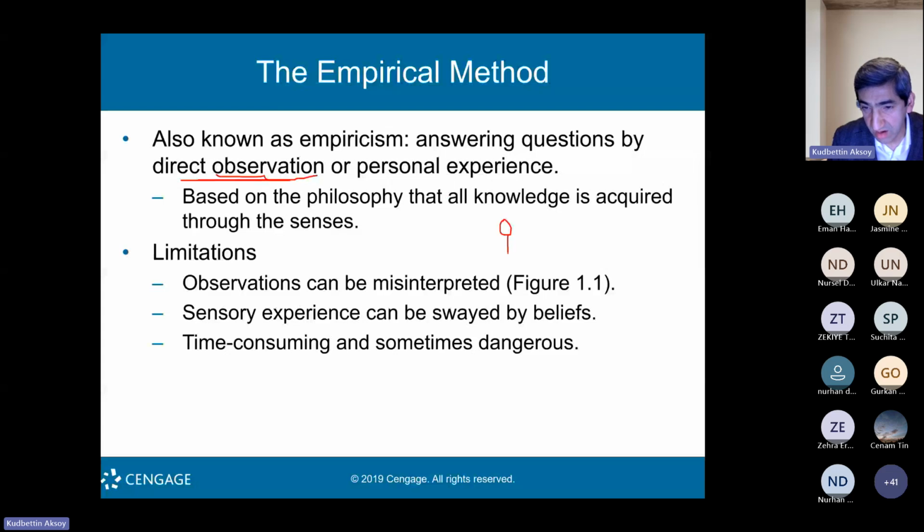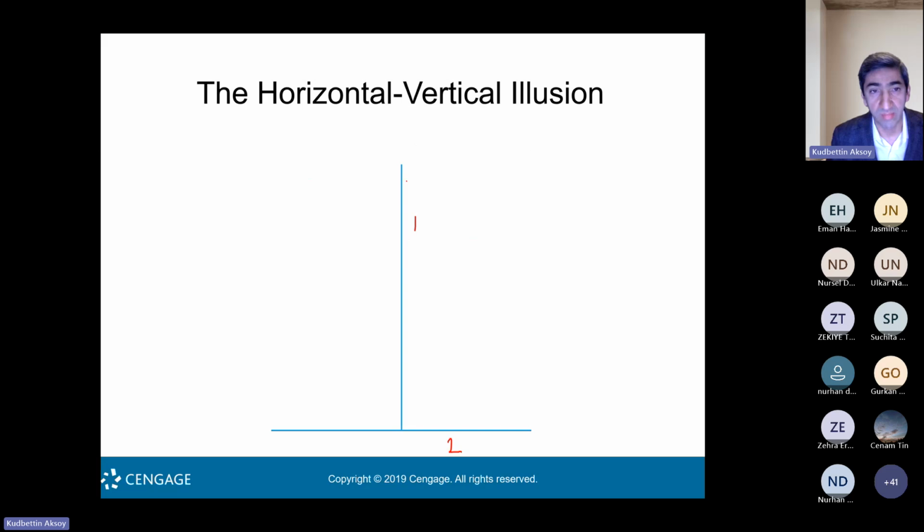Human is in the center. Whenever you put human in the center, your conclusions are subject to failure. So even though it's a good method, we use it to survive, we use it in our lives a lot, it's not perfect.